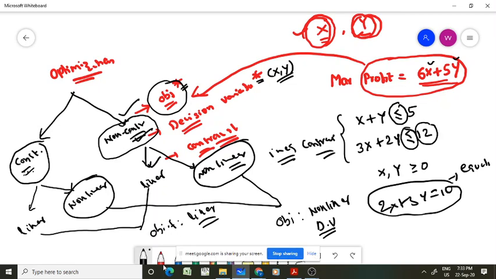But in the linear optimization, you are able to see the objective function in linear form in terms of the decision variables. Now tell me, based on this discussion, the problem which we discussed, does it come under linear optimization or non-linear optimization?